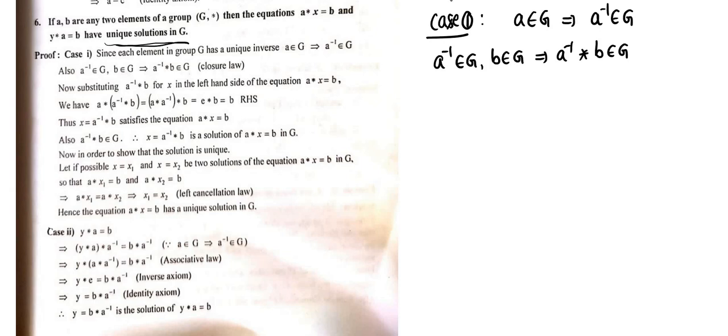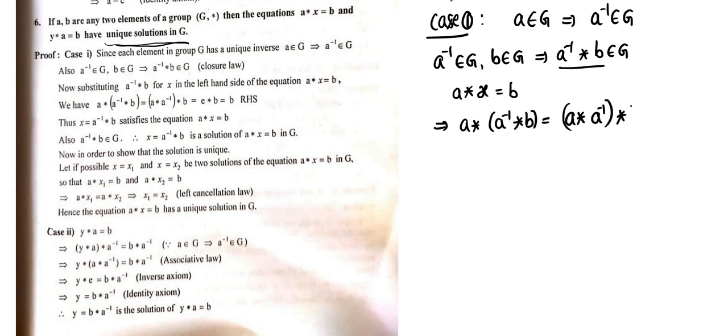Now substitute a inverse * b for x in the left hand side of the equation a * x = b. So a * x = b becomes a * (a inverse * b), which is equal to, again using the associative law, (a * a inverse) * b.